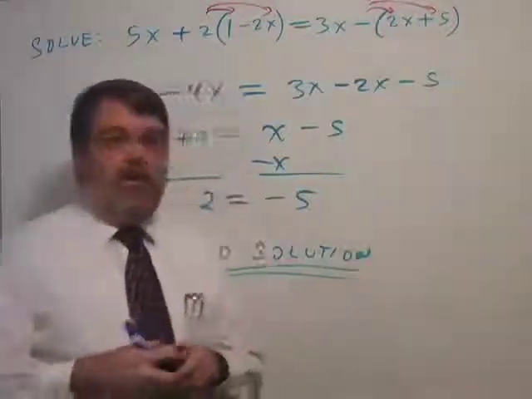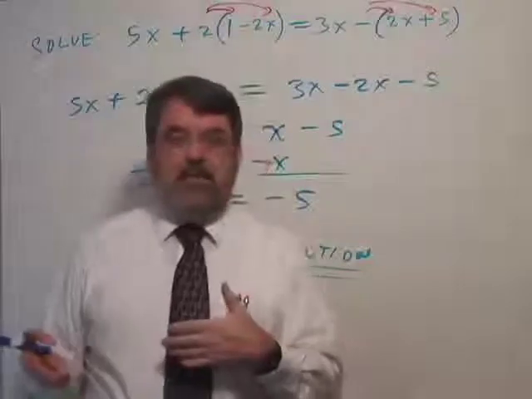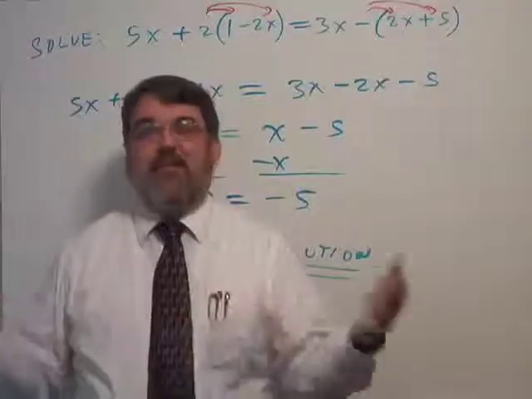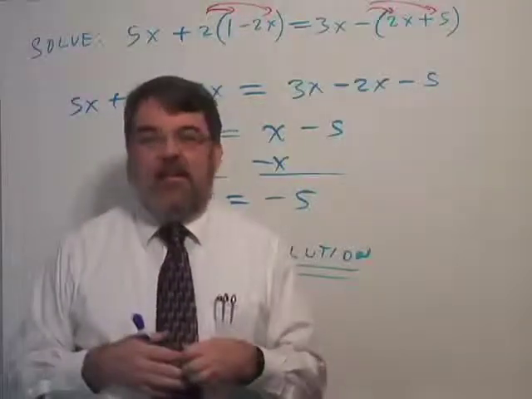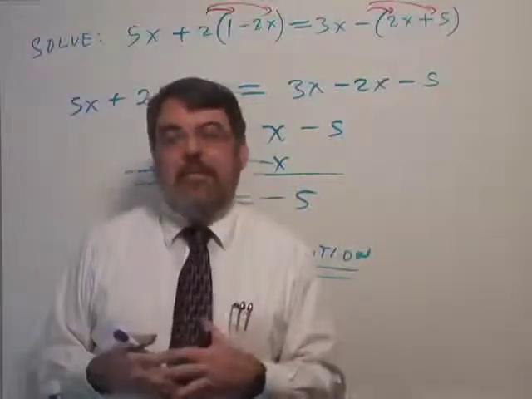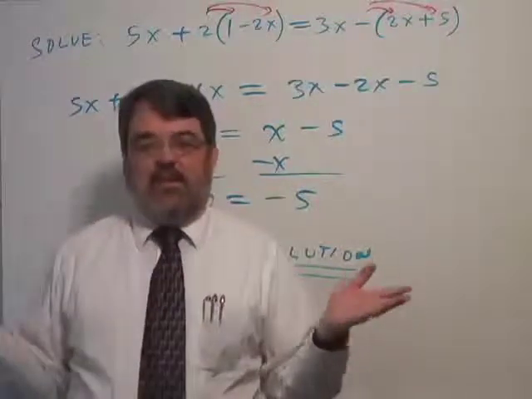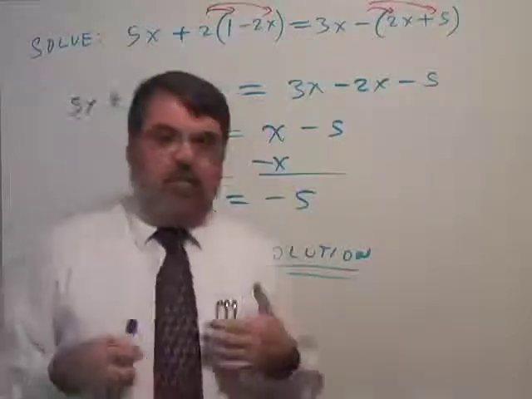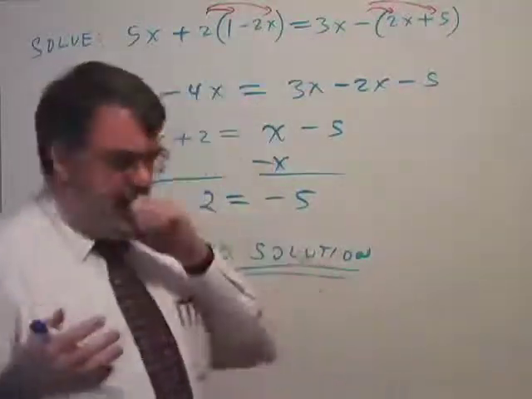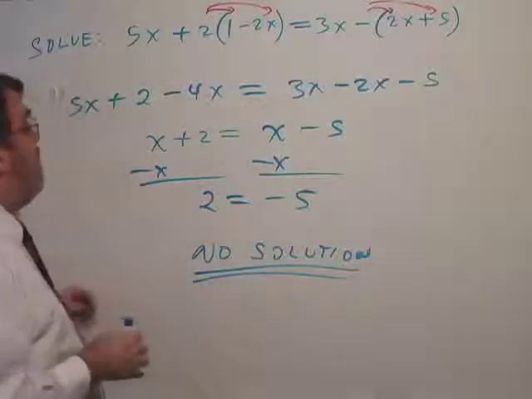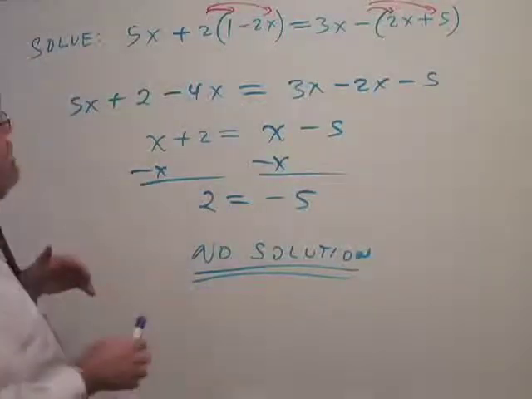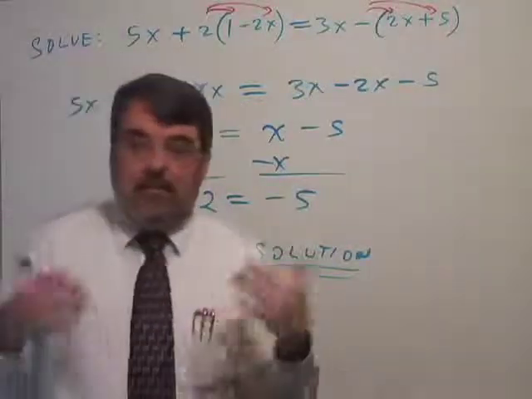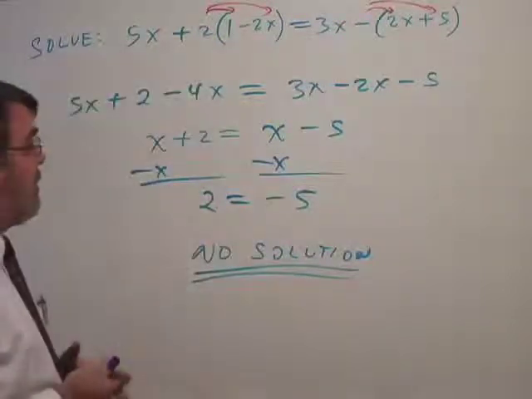And in my book, and I really hope you're reading the book I've spent many hours writing, I show an even simpler example of this. And it's kind of easy to just look at that problem and say, well, it's impossible, because no number can equal one more than itself. Well, this is a little more complicated. It's not obvious from a first glance that this is going to be impossible.